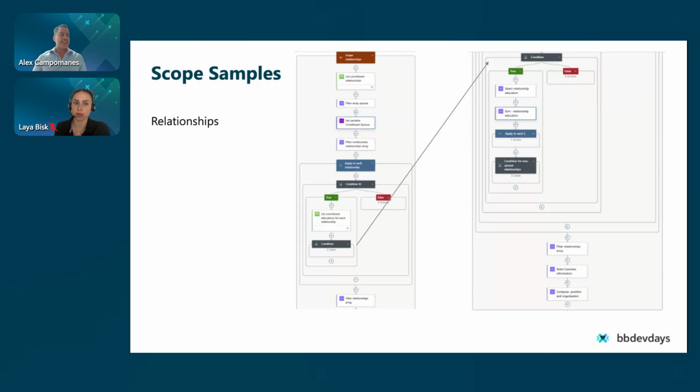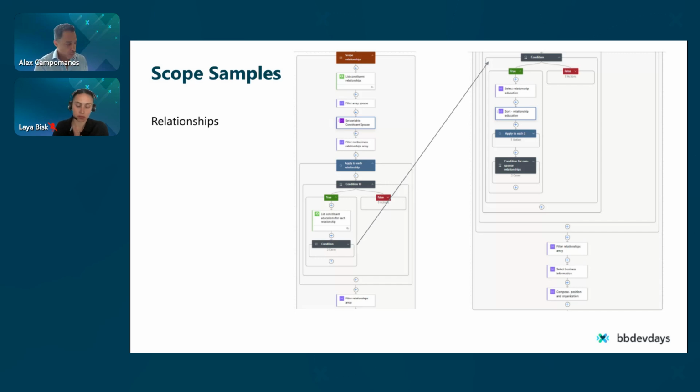All right, this next slide, relationships, is what I was talking about before, and it's called a nested scope or nested API calls. So the very first API call is: give me a list of all of the constituent relationships that you have.